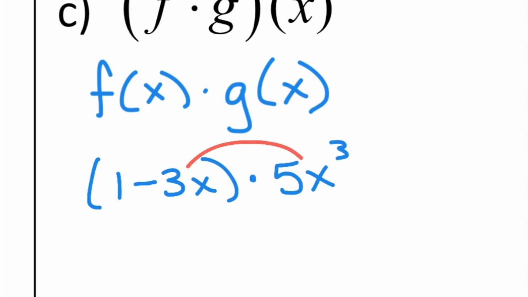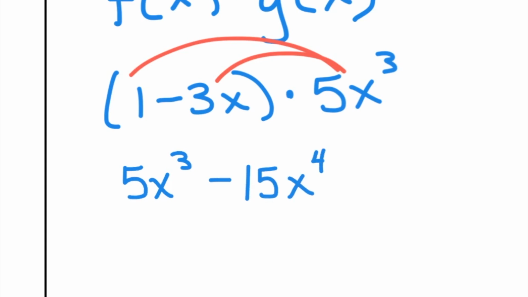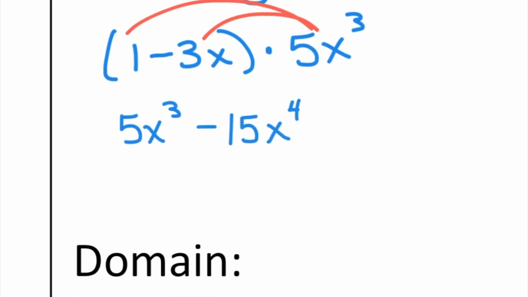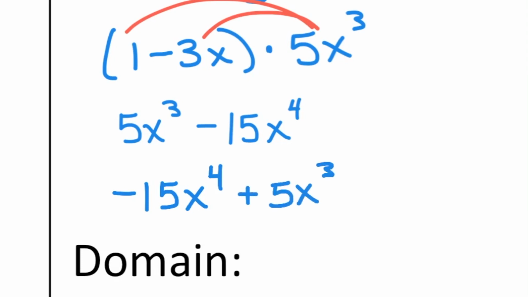And I'm going to distribute because you don't want the parentheses in your answer. And so this is going to be 1 times 5x cubed is 5x cubed minus, and then 15x to the fourth. And again, if you want to write that in standard form, pull the term with the higher exponent out, negative 15x to the fourth plus 5x to the third.